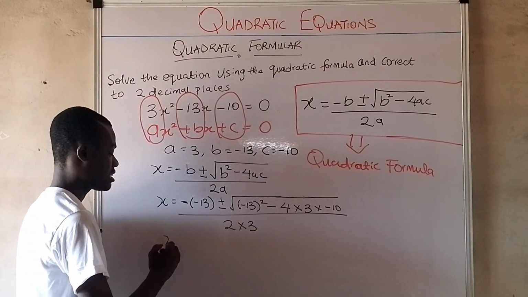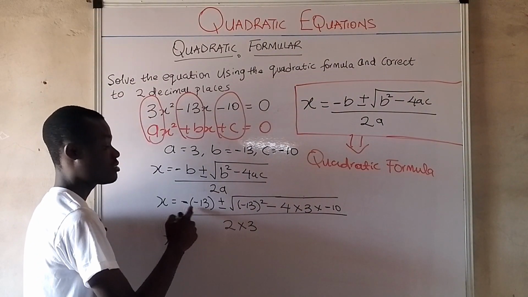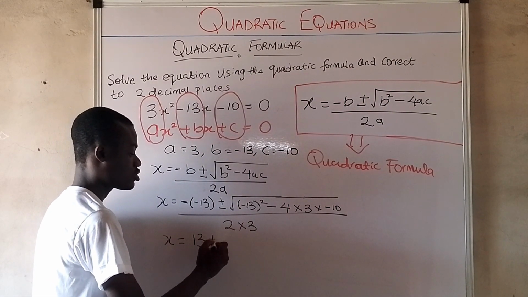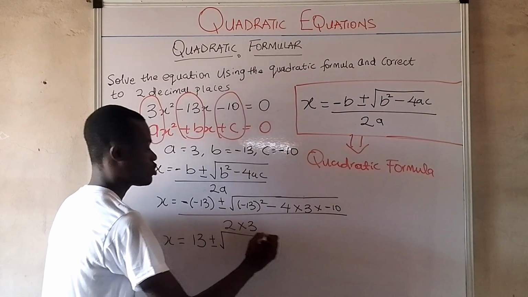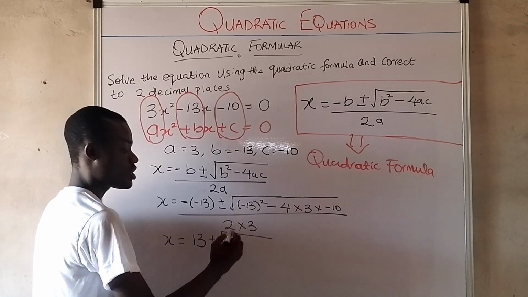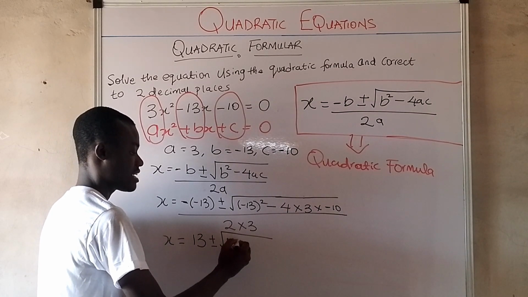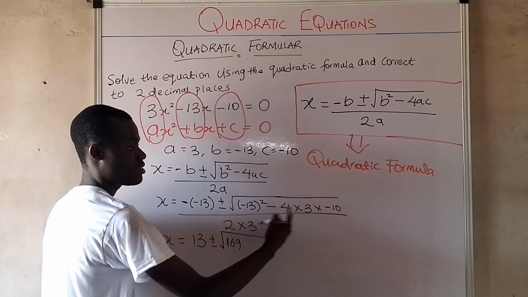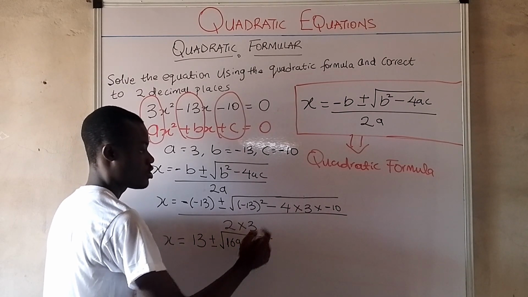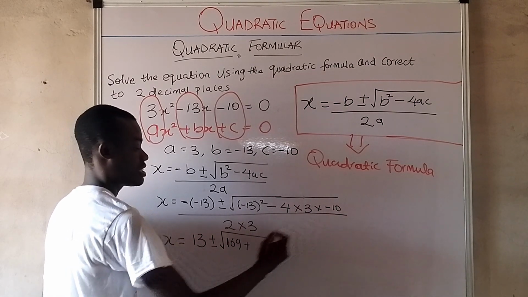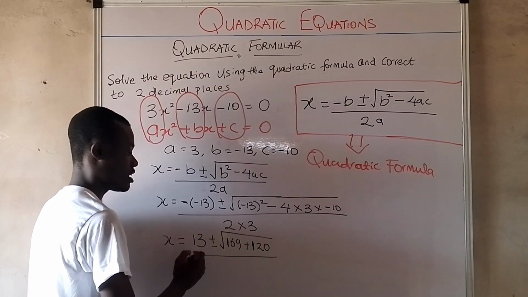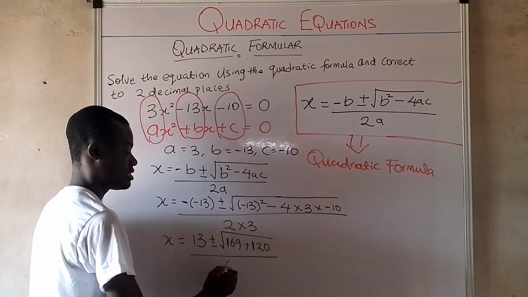So we have x is equal to 13, since minus times minus is plus, plus or minus the square root of minus 13 squared, which is 169, now minus 4 times 3 times minus 10. Minus times minus is plus. 4 times 3 is 12, times 10 is 120, all over 2 times 3, which is 6.